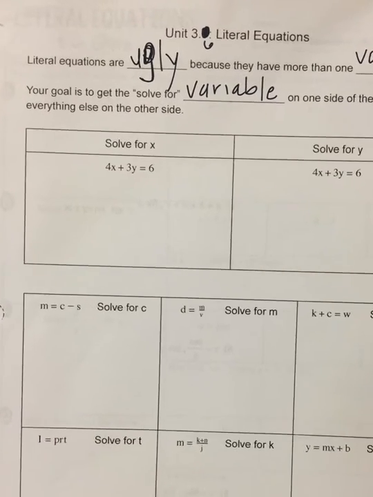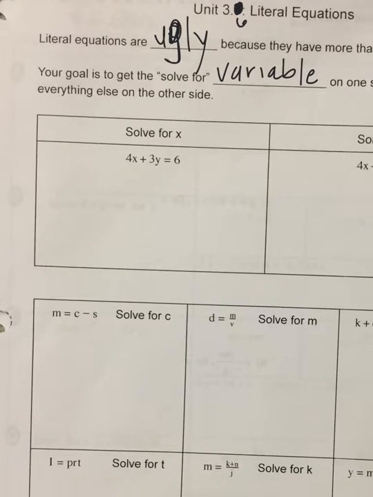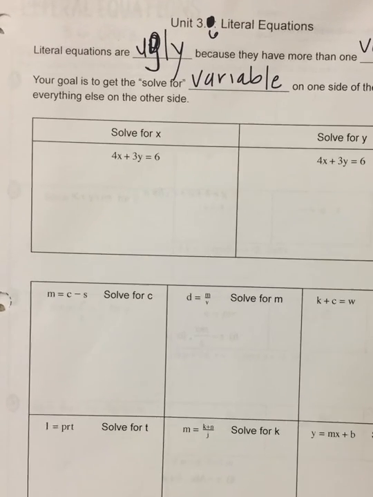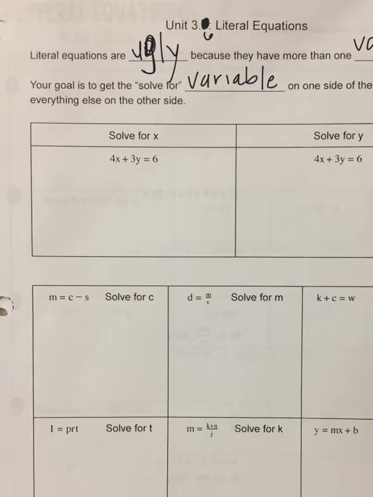So how we're going to do that, this first one, I'm going to show you, I have the same problem, 4x plus 3y equals 6. The first time, we are going to solve for x, and the second time, we're going to solve for y. I'm going to show you how you can get two different answers when you have a literal equation. So, to solve for x, the first thing we have to do is get everything away from the x.